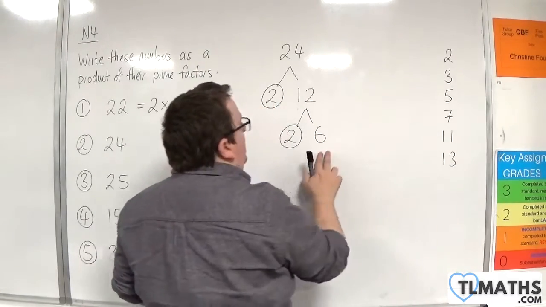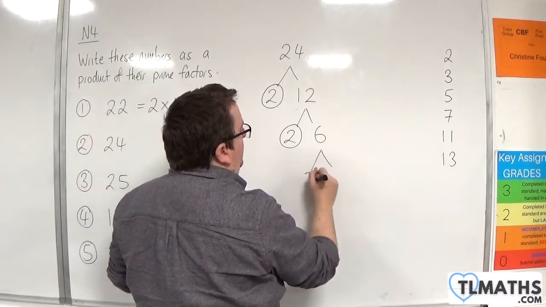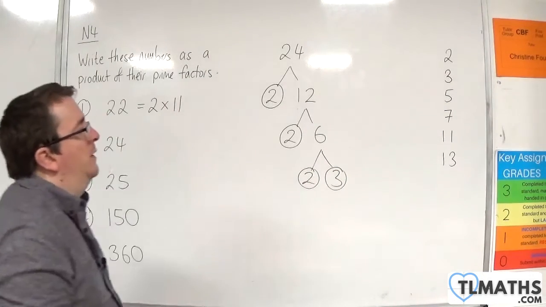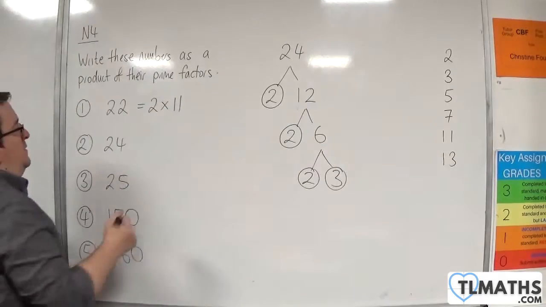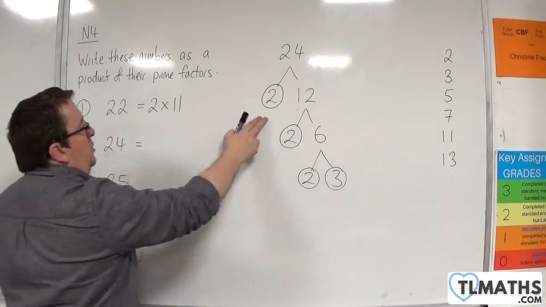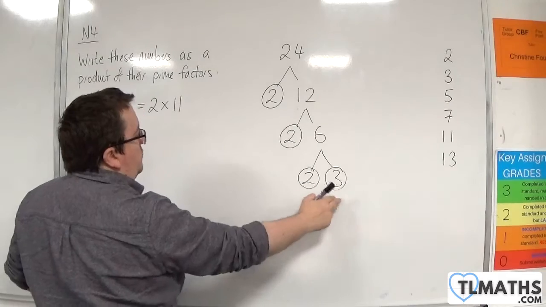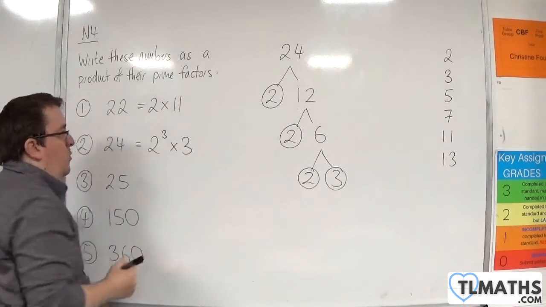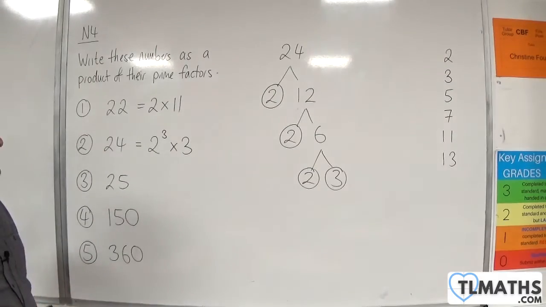Does 2 go into 6? Yes, it goes in 3 times. So 2 times 3. 2 is prime, but 3 is prime also. So I am done. 24 is 2 times 2 times 2 times 3, which is 2 cubed times 3. So that's 24.